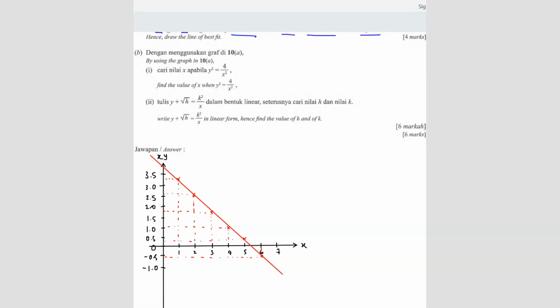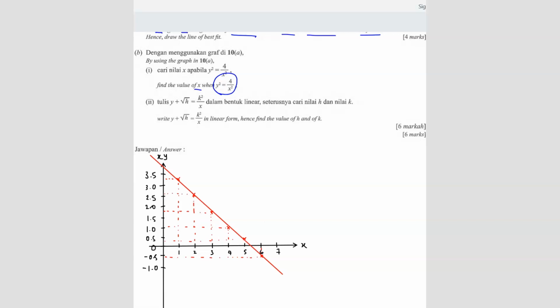So next, what's the question asking? Question B. We have already done A, because they asked us to plot the line of best fit. Question B asks to find the value of x when y squared equals 4 over x squared. To find the x value, you must know xy first, correct?